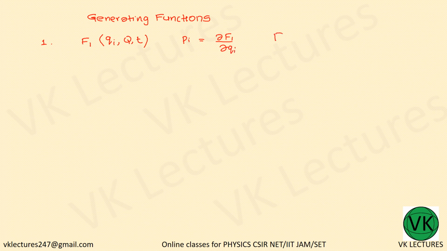What is missing here? Here we have small letter qi, so what is left is small letter pi. So pi is equal to dou f1 by dou qi, and for the second quantity, which is capital Qi, what will be missing is capital Pi, that is equal to minus dou f1 by dou capital Qi.